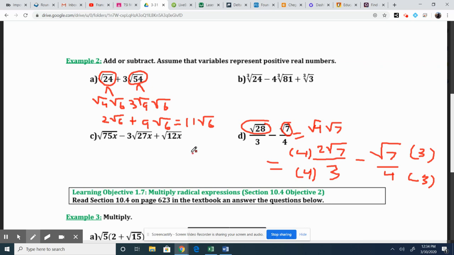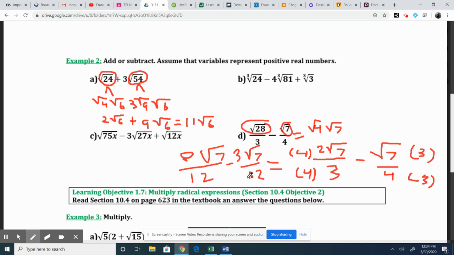So then we're going to have 8 square root of 7 over 12 and 3 square root of 7 over 12.